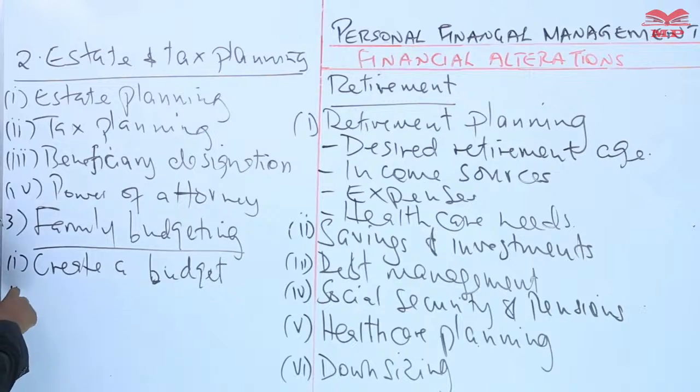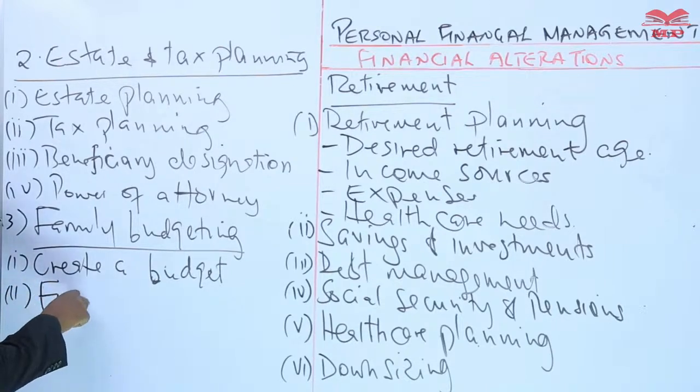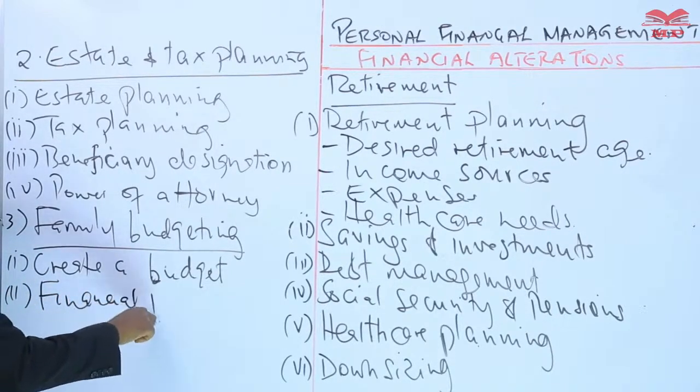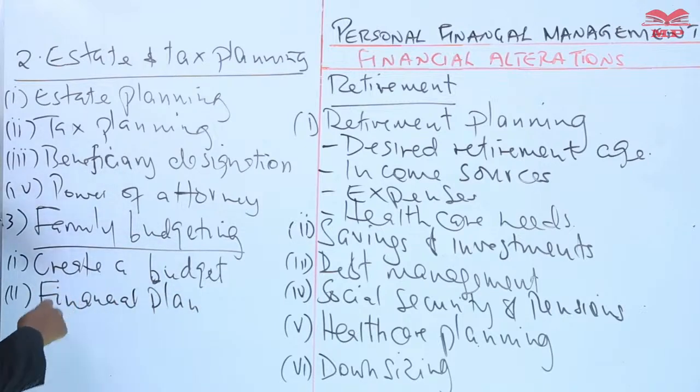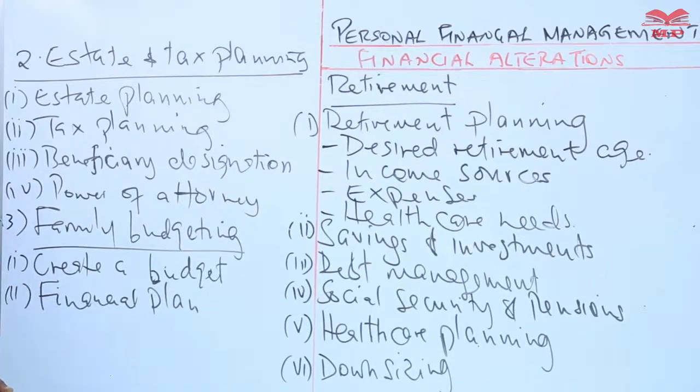You may also need to have a family financial plan. One ought to establish specific financial goals as a family, such as saving for a down payment on a house or saving for a child's education and so on.